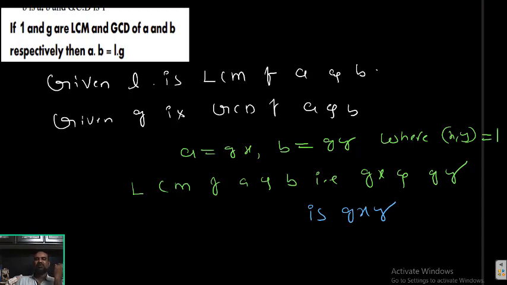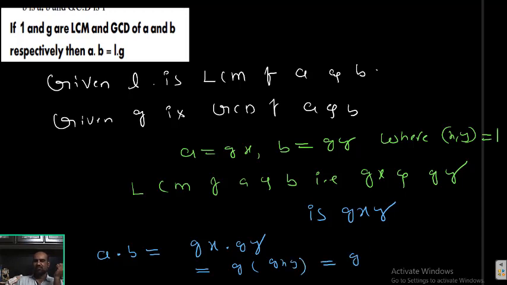Okay, what should we prove? A into B equals L into G. Now I will take A into B. A I can write as GX, B I can write as GY. This can be written as G times GXY.